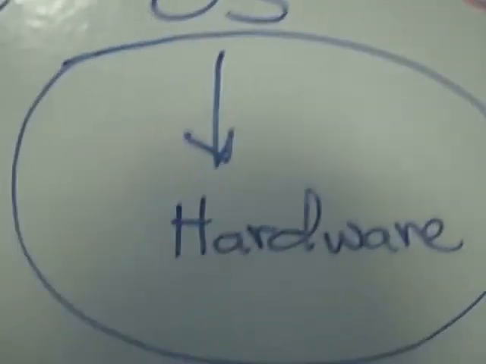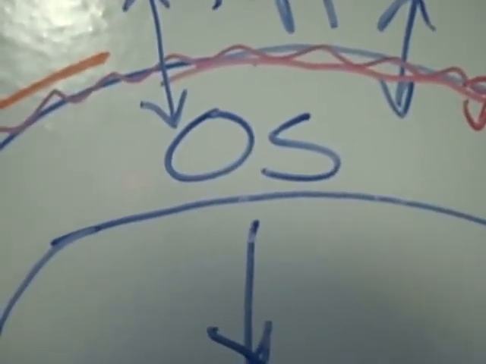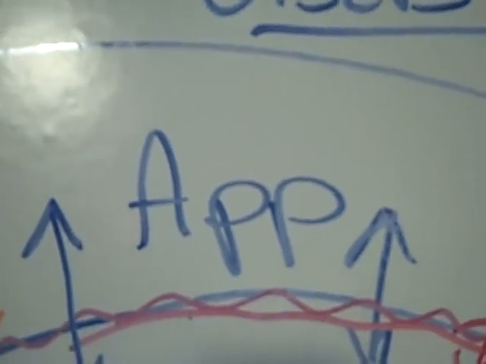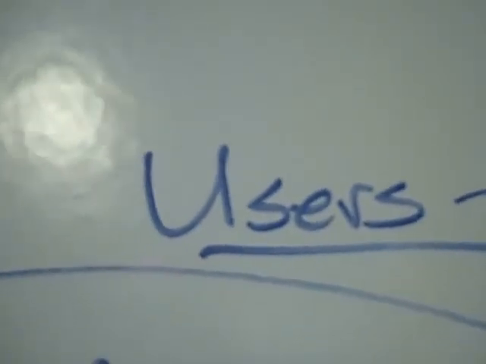A little computer review. Here's the hardware. What communicates with the hardware is the operating system. What communicates with the operating system is the apps, the applications. They have to be compiled to match the operating systems. That was in a previous review of the items from the board. And then users communicate with the applications. Now we're moving from being just users to being some level of experts in terms of working with Linux.